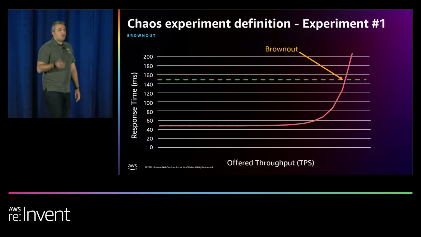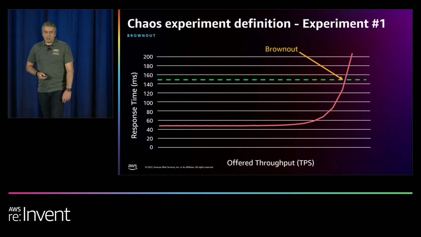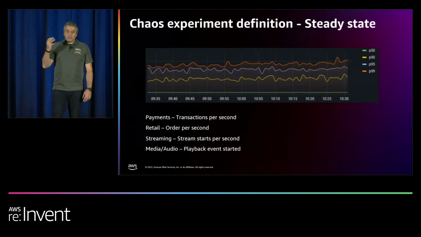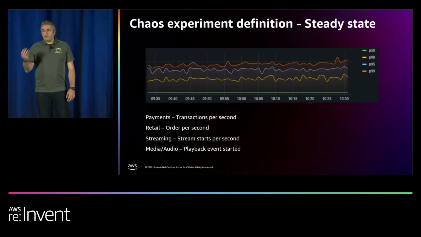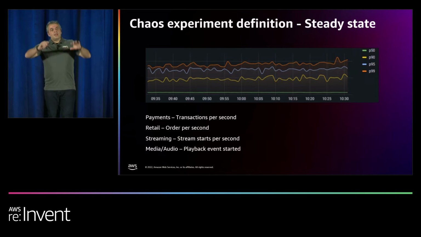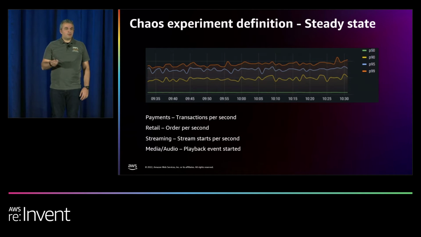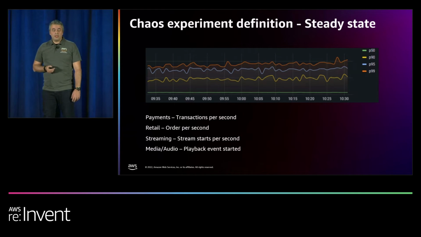Now, before we can think about an experiment to simulate a brownout within our EKS environment, we need to understand the steady state and what the steady state is and what it isn't. So when you're thinking about defining a steady state for your workload, that's the high-level top metric that you're thinking about for your service. So for example, for a payment system, that's transactions per second.